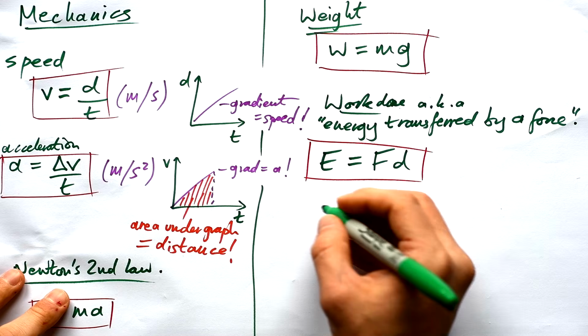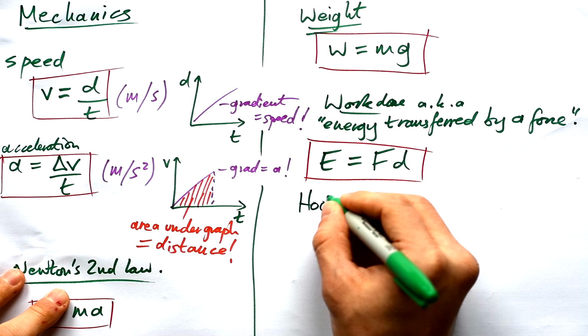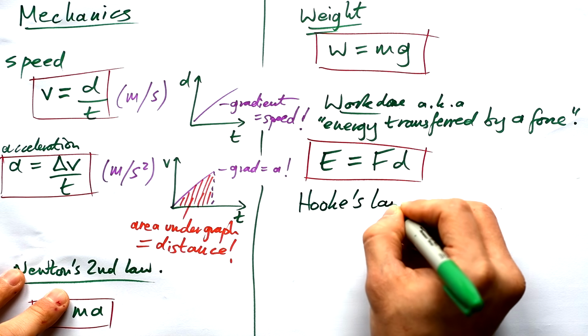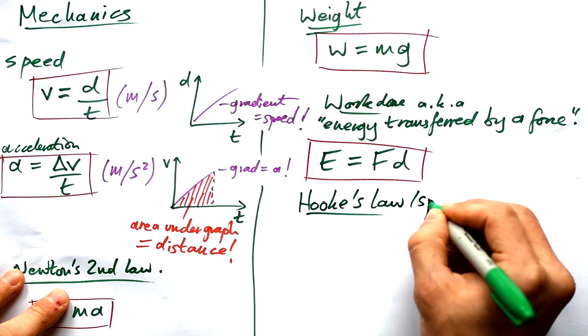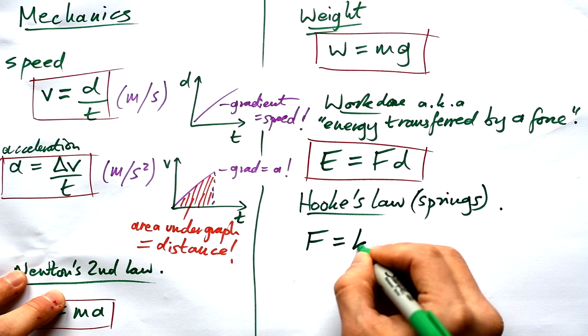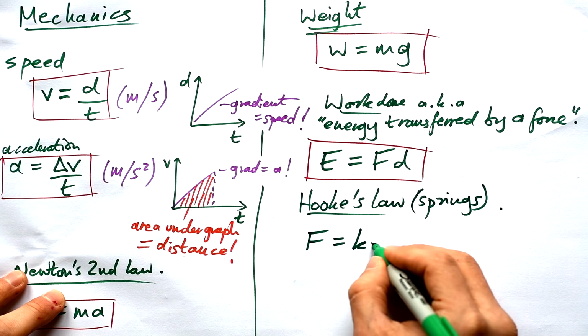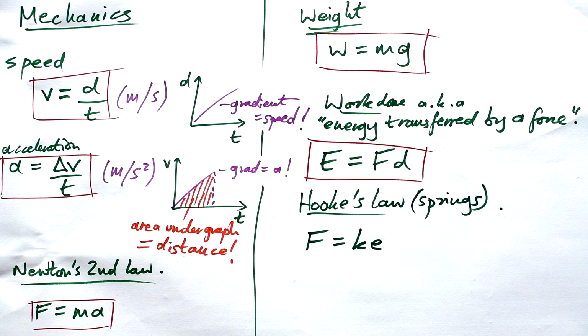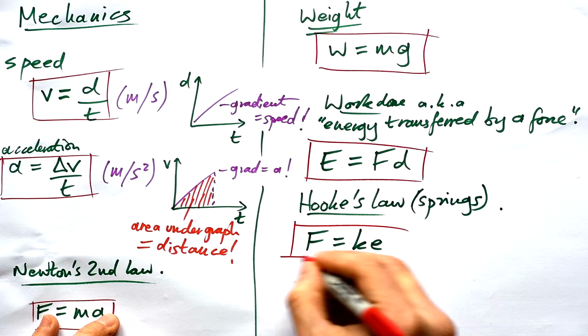Now, sticking with forces, we have one more force one, and that is Hooke's law. And that's all to do with springs. All this is F equals ke, or kx. I prefer x, but for some reason people prefer e nowadays. What does this stand for?